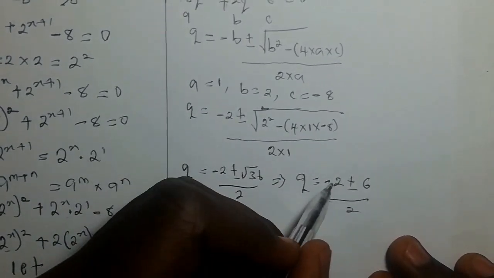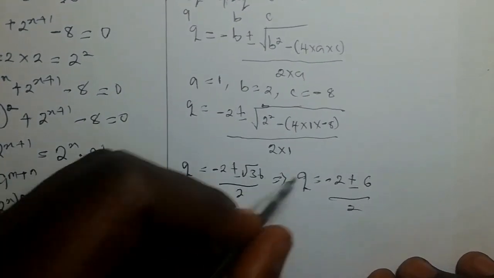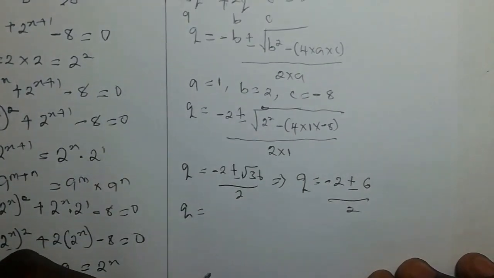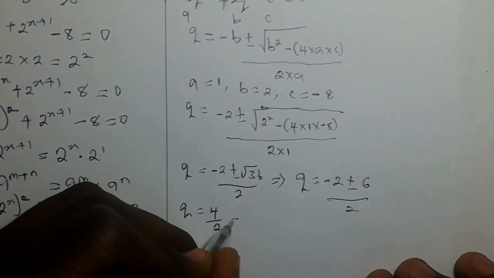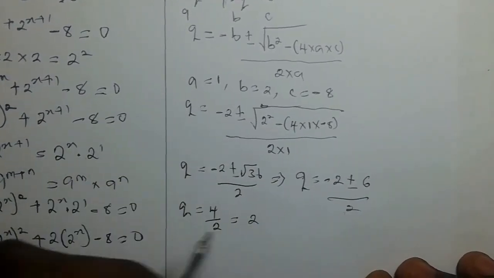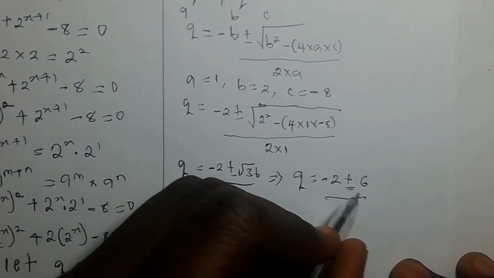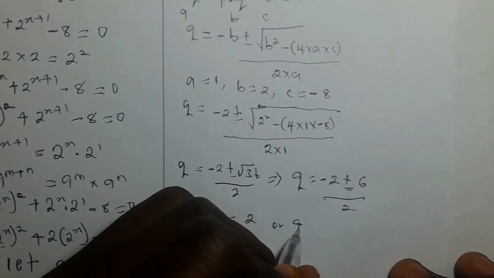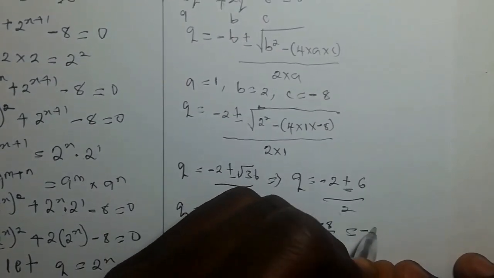So when we take the positive sign, it will be q is equal to minus 2 plus 6, that's 4, divided by 2, which is 2. Or when we take the negative sign, it will be minus 2 minus 6, that's q is equal to minus 8 over 2, that's minus 4.